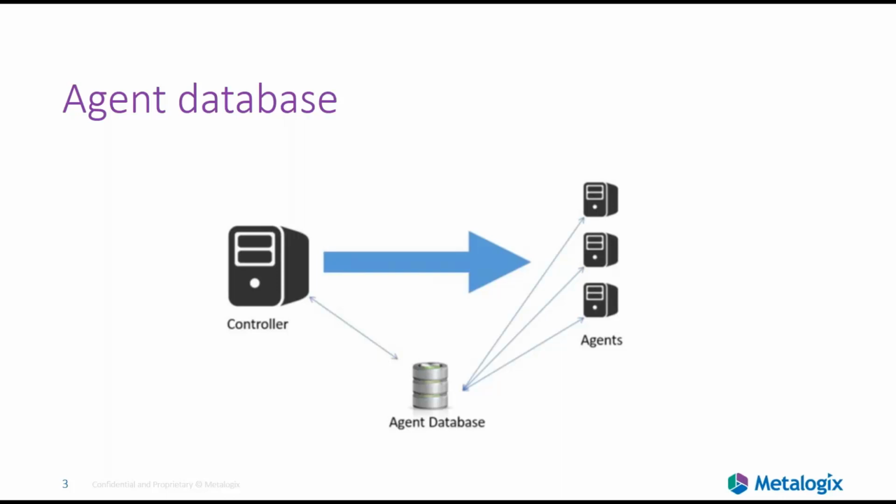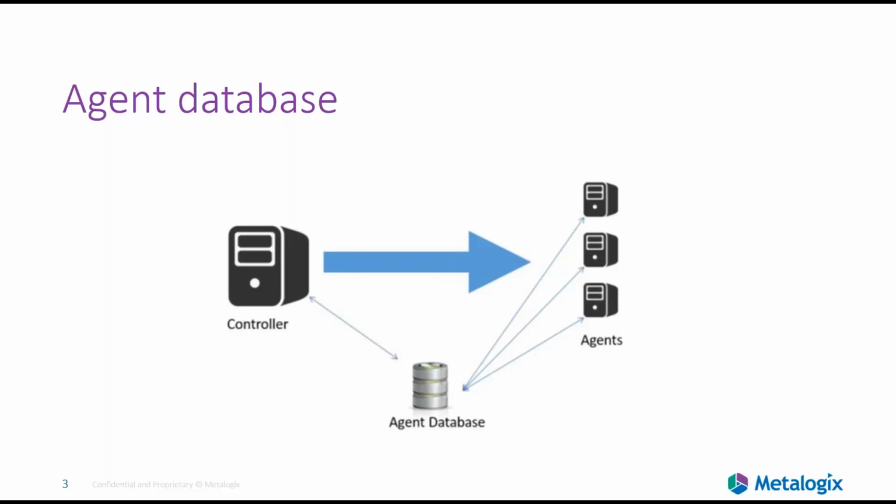When you configure the distributed model, the controller pushes and creates the agents and the agent database. What we see here is more the relationship among the different components of the model.